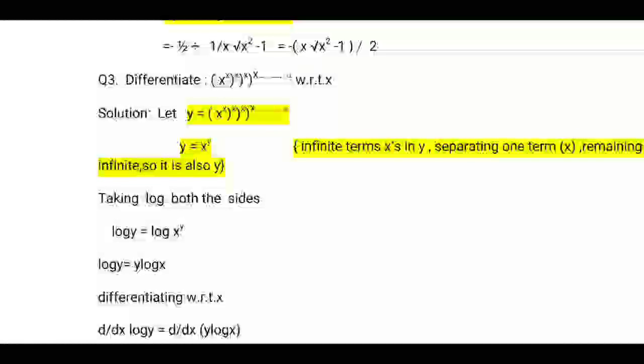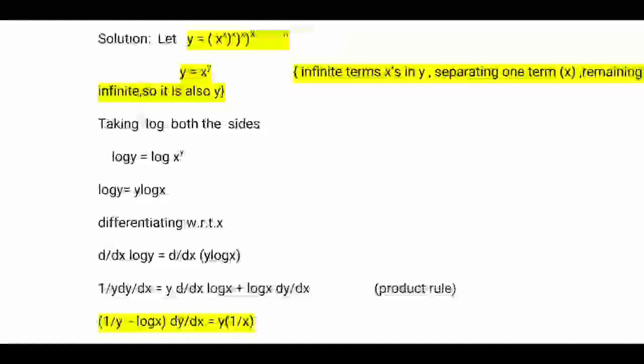So one x is separated from infinite values, so no effect will be there. It means y is equal to x power y. There are infinite terms. If we separate x, the remaining will also be infinite, so it is also equal to y. So now taking log both sides, log y is equal to log x power y, log y is equal to y log x.